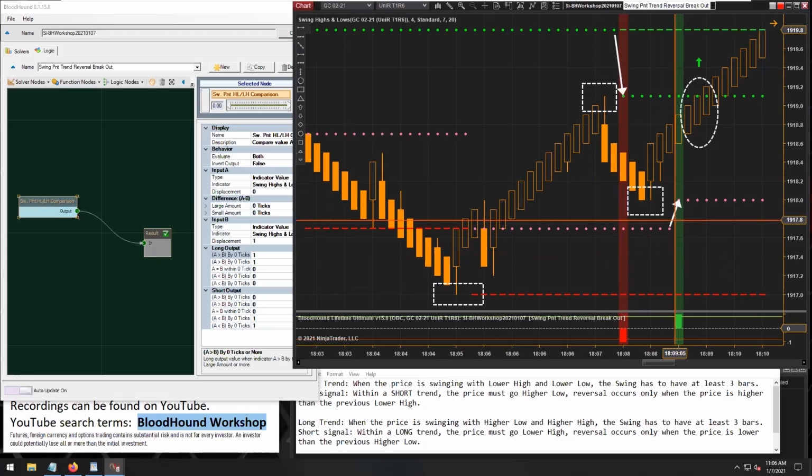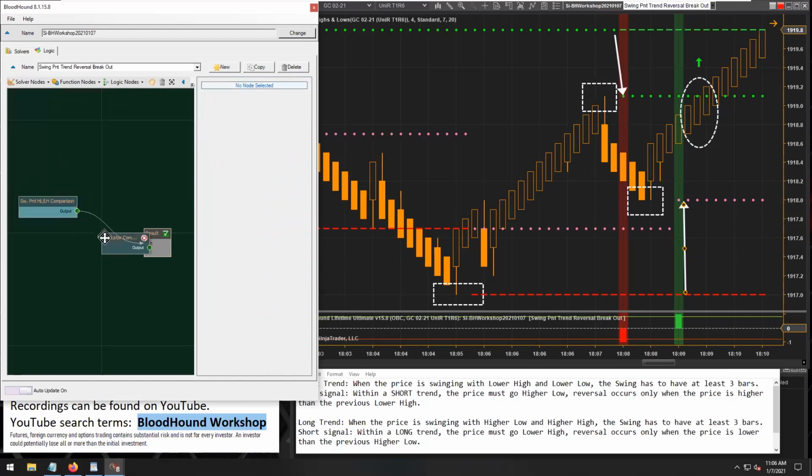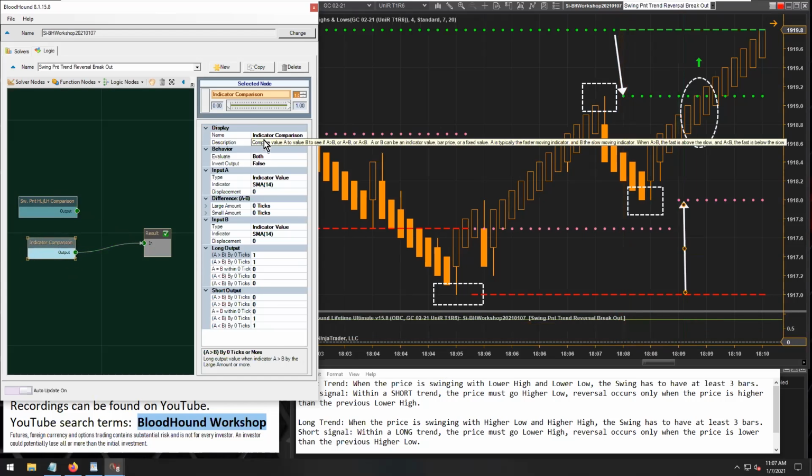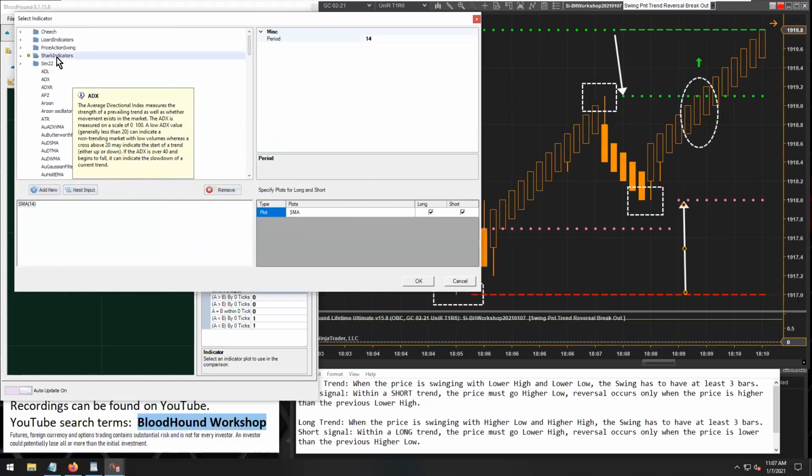The other condition here is comparing the widest bottoms to the tightest bottoms. So let's set that solver up as well. Again, that's just going to be another comparison solver here. All right, so this time we're comparing lower lows to higher lows and higher highs to lower highs. So again, input A and input B are going to be that swing high-low indicator.